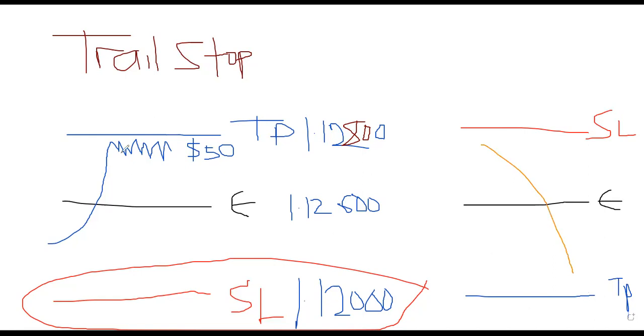So in this case, if I move this above, my stop loss will not be here. But have it in mind that the new value for my stop loss will be, let's say, 1.12700, because the value will now be higher than the entry point.